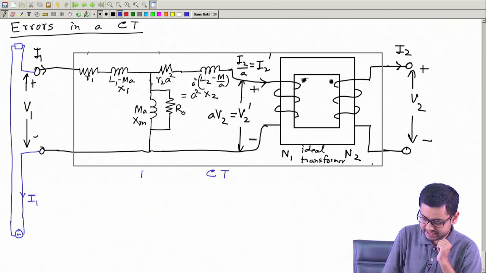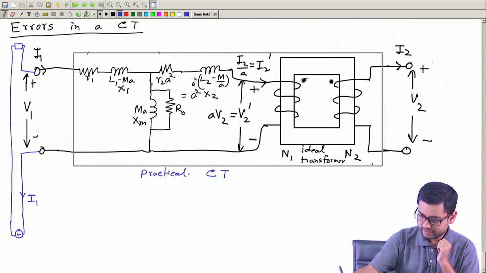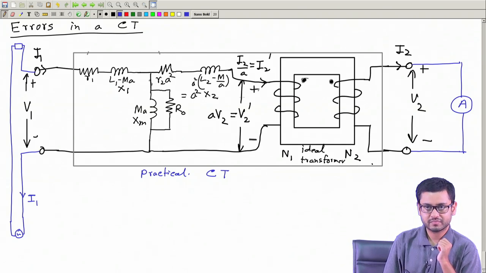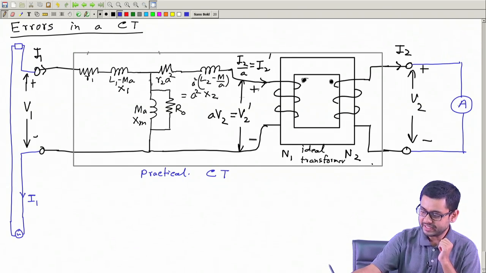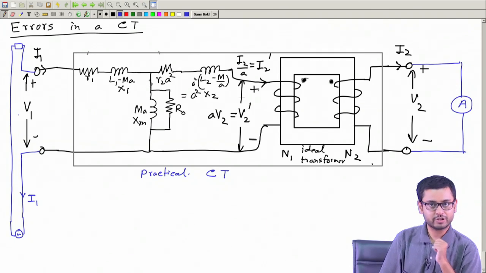This is a practical CT. This is connected in series, and the output side will have an ammeter. So here we will connect an ammeter. Now the ammeter reading gives an indication of this current, right? That's what we know. But let's see where the error comes from.